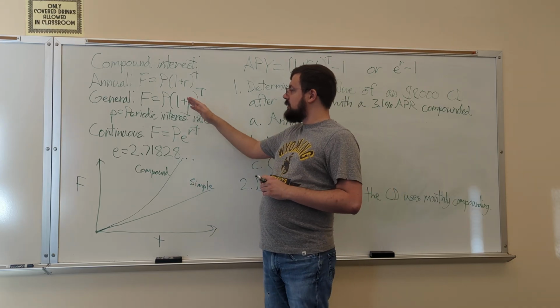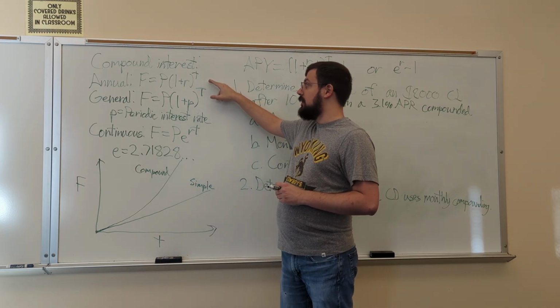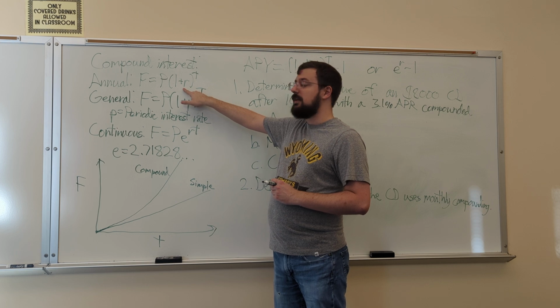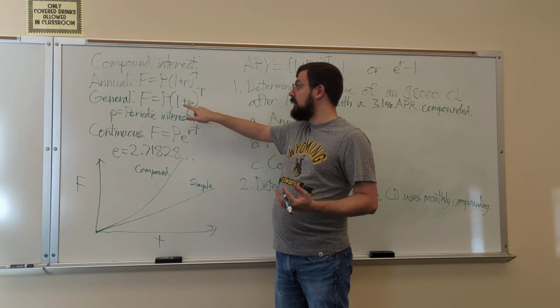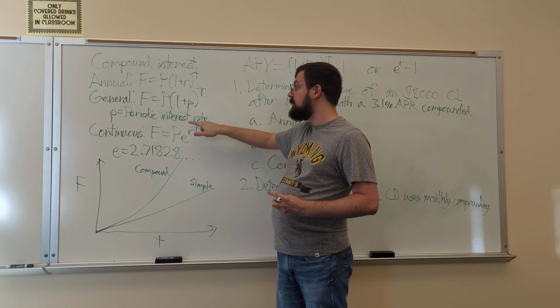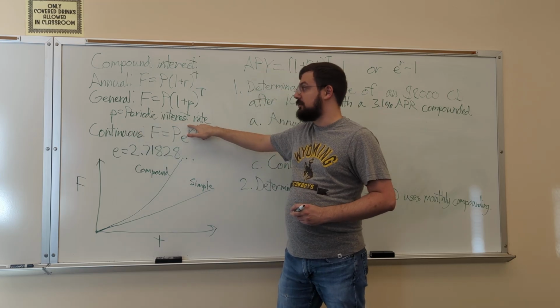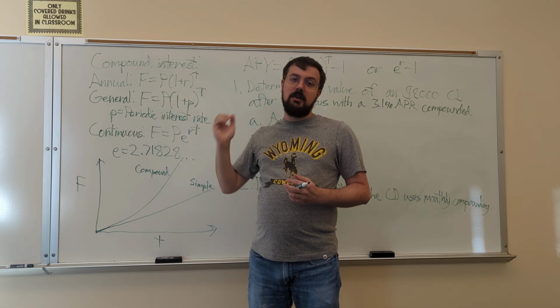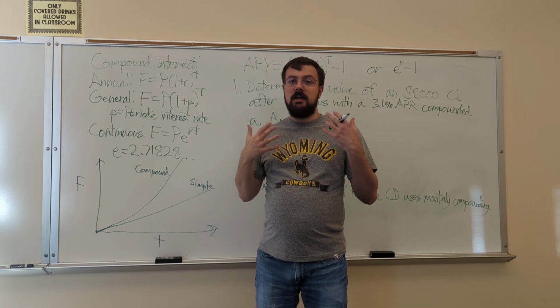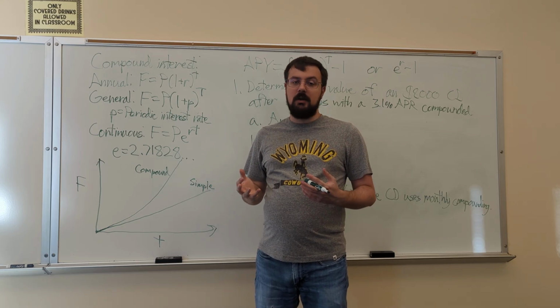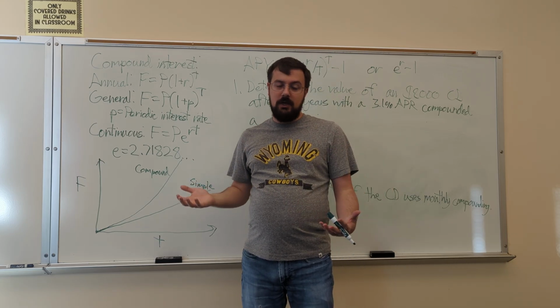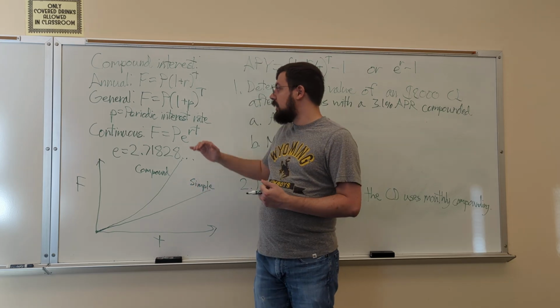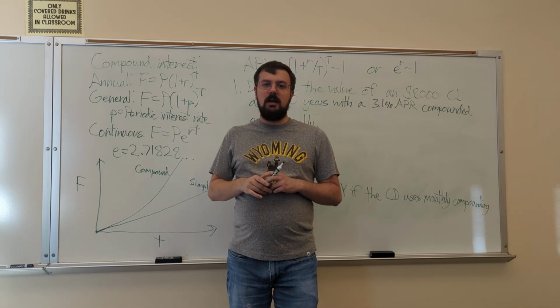A more generalized version of this we can just call the general compounding formula. This looks basically the same as for annual compounding, except instead of r, our APR, we have this lowercase p. This is what we call the periodic interest rate. The periodic interest rate is basically just our APR divided by however many times we're compounding per year. So say we're compounding quarterly, our periodic interest rate would just be our APR divided by 4.